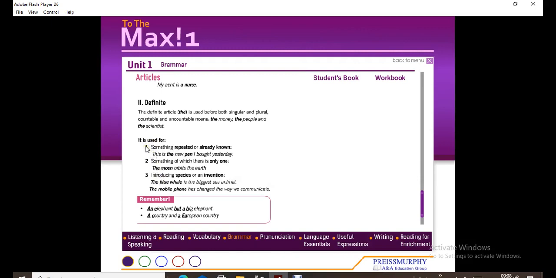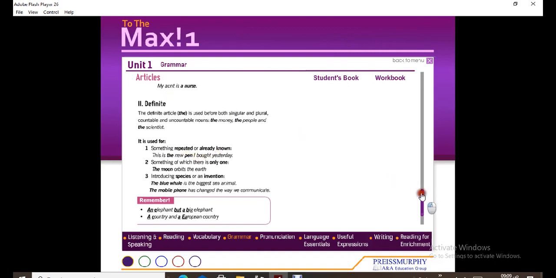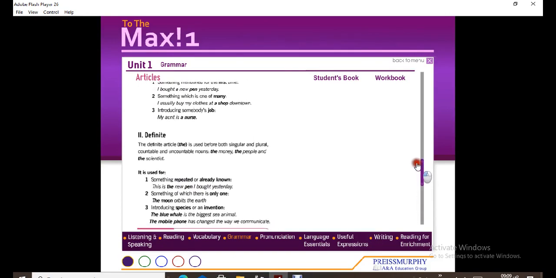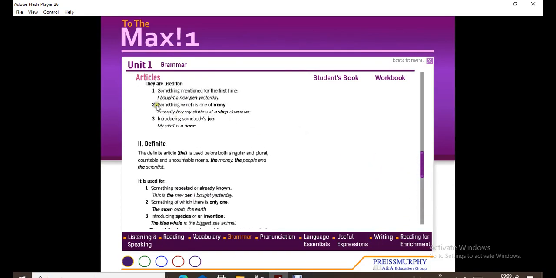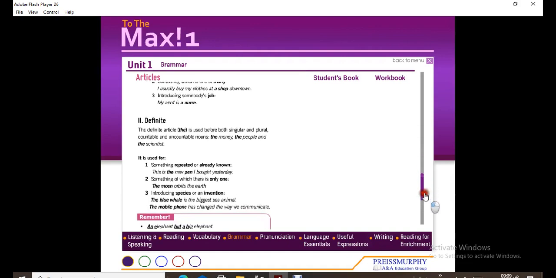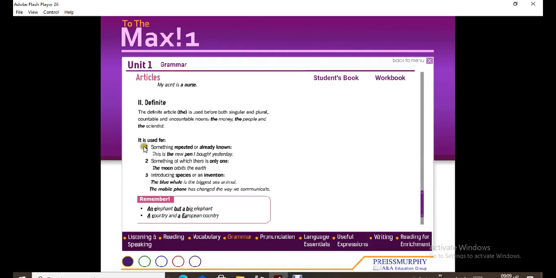Number one, something repeated or already known. I mean, this is the new pen I bought yesterday. If you remember, we mentioned that before: I bought a new pen yesterday. So it is mentioned, يعني أنت بتعرف already which pen I'm talking about. So something repeated or already known for you.